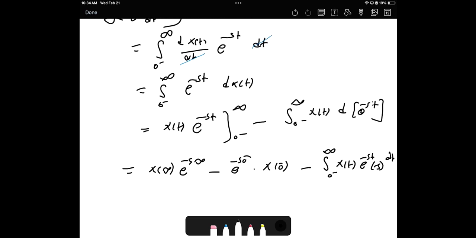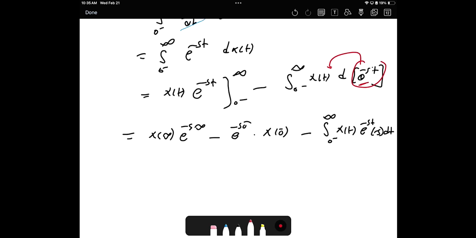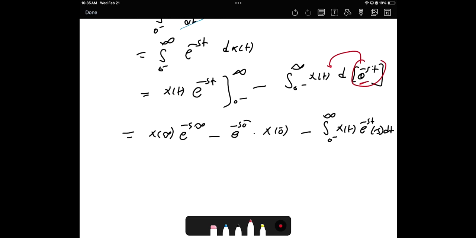Basically, what I did is let this go out from dt by applying the derivative and put it here. So x e power negative infinity, as we know, equals 0. Then 0 minus e power negative s times 0, which is e power 0, will be 1, so times 1 times x of 0 minus.